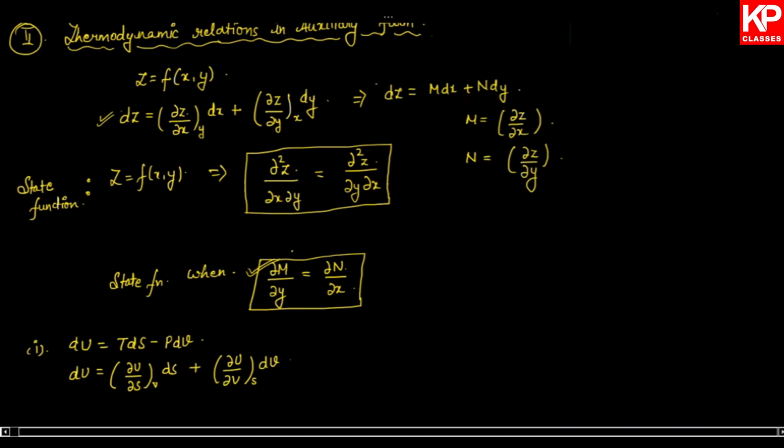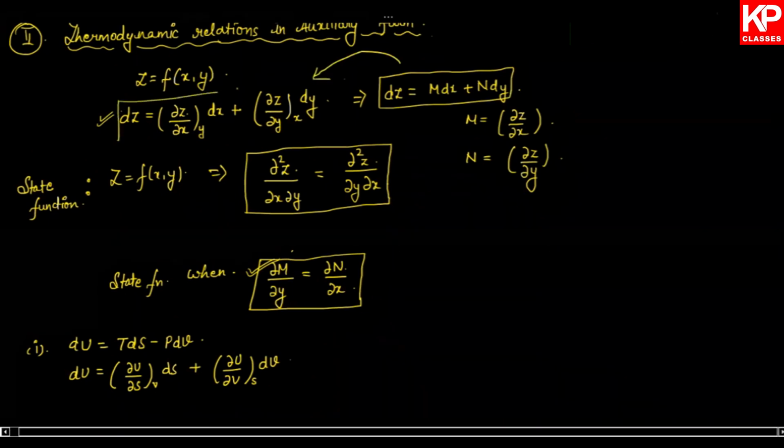We have obtained this expression, and we are converting it into the auxiliary form like this. So we can write equation 1, that is dU, as ∂U/∂S at constant volume dS plus ∂U/∂V at constant entropy dV.